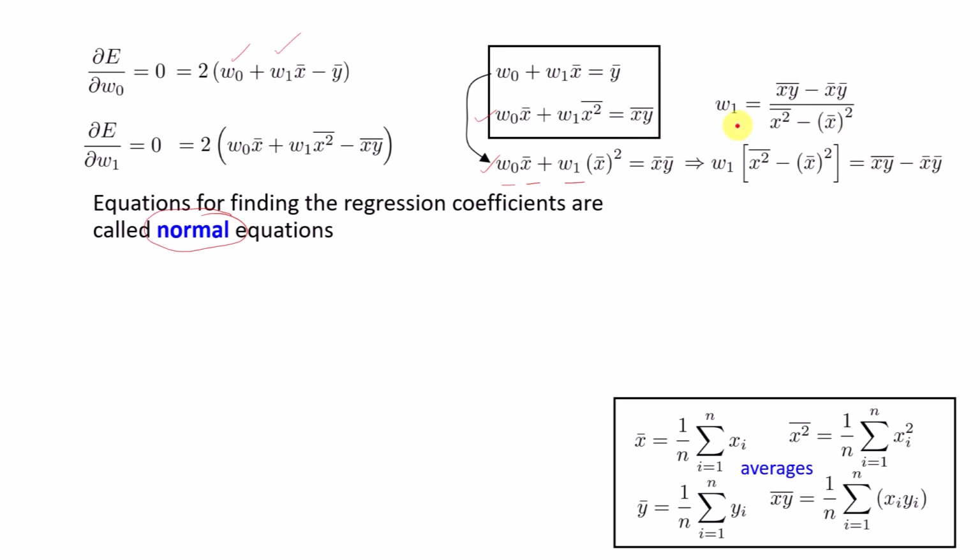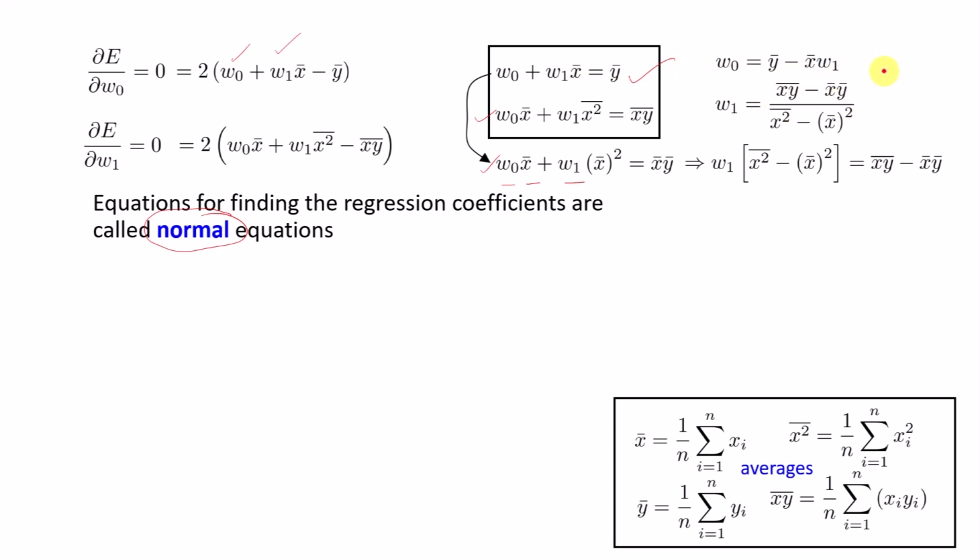And then I can write w1 equals xy bar minus x bar y bar divided by x square bar minus x bar whole square. w0 is of course easy to find once we get w1, because from this equation w0 is y bar minus x bar into w1.